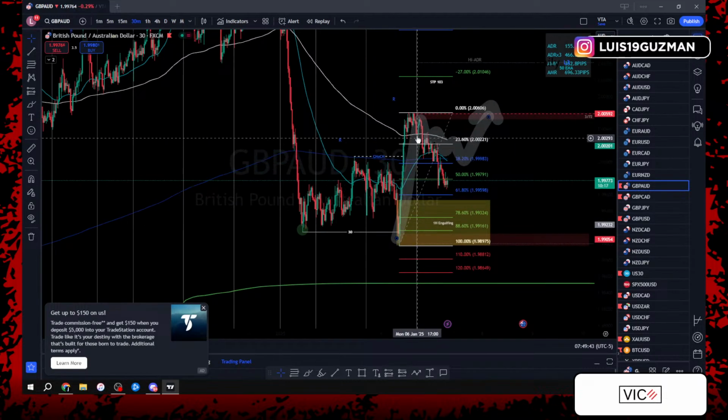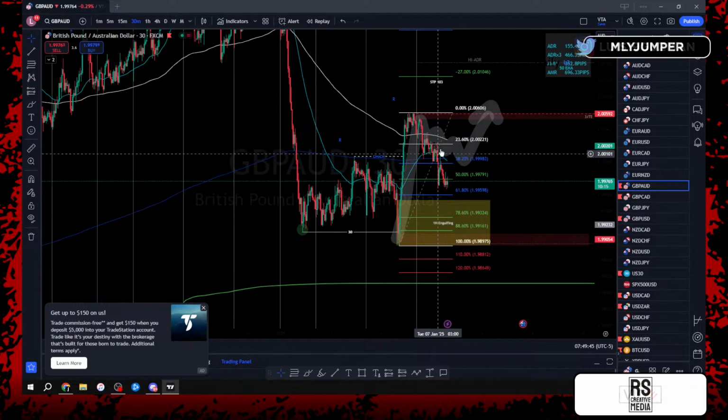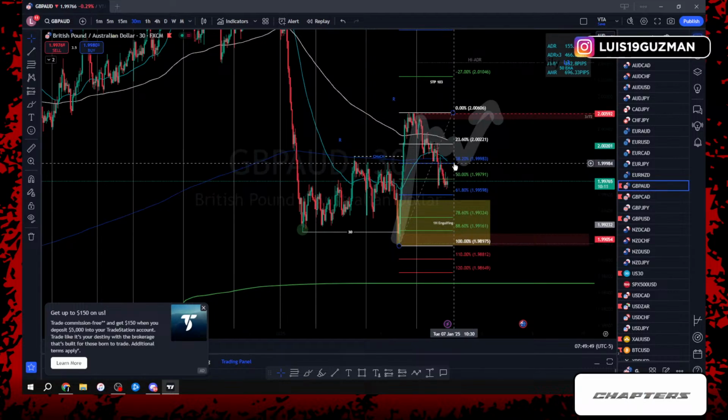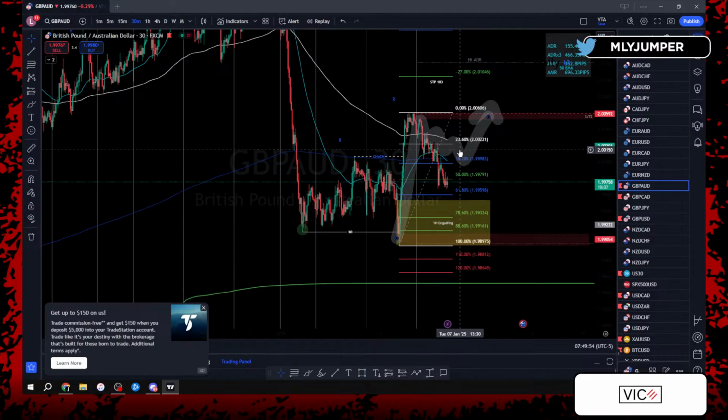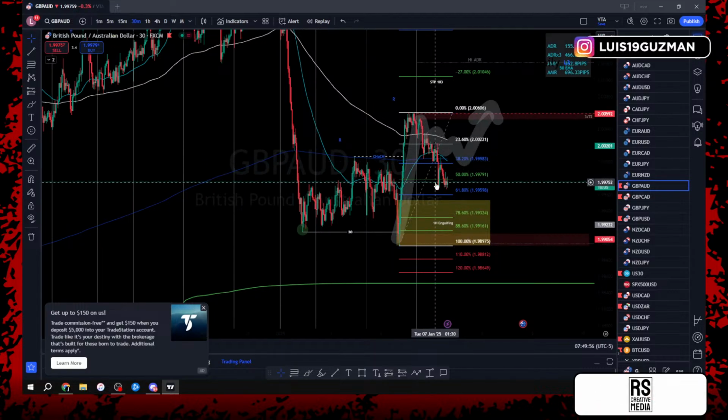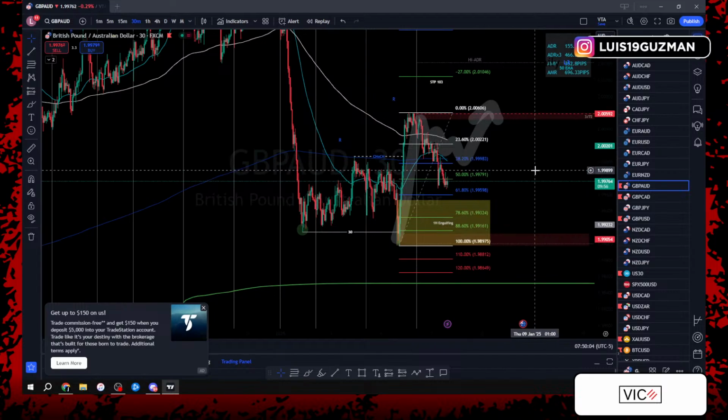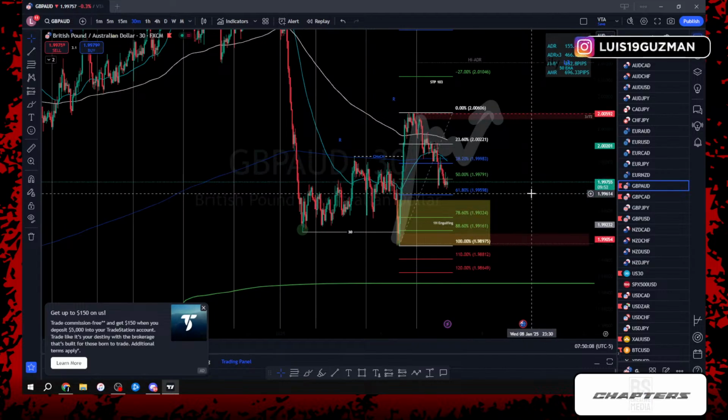Right, if price would have respected the flag post pattern, which would have been the 23.6 and 38.2 retracement, then I would have felt a little bit more comfortable taking this trade. Right, the fact that we've hit the 50% retracement, we went away from it, we came back to it again, and we've just been sitting here since 3 in the morning. Usually, you know you're in the right spot to take a trade when price gets into your point of interest and then drifts away from it.